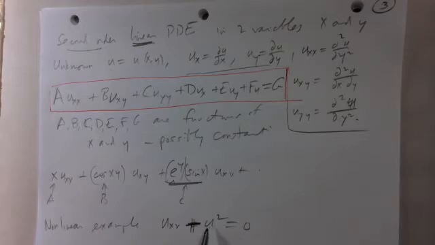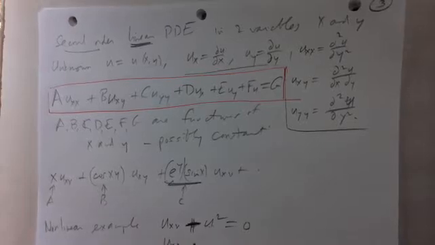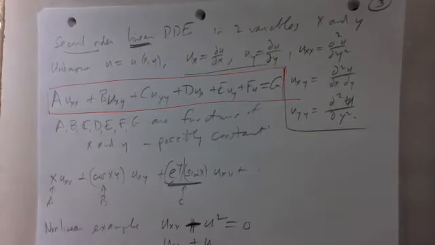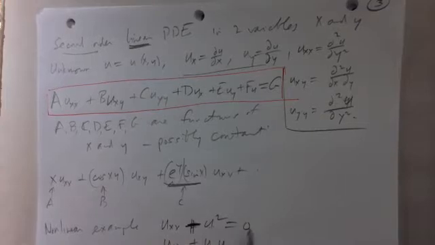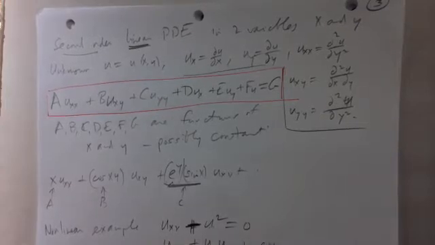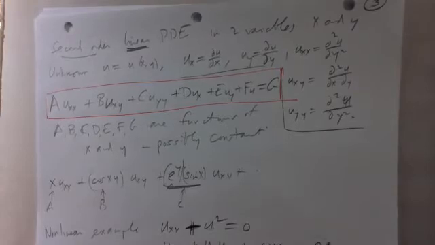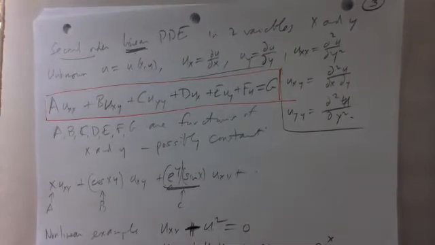So this is quadratic in u. Or uxx plus partial of u with respect to x times the partial of u with respect to y, plus cosine xy equals e to the x. I mean, that's an example. This is nonlinear because, oops, sorry, maybe times u.